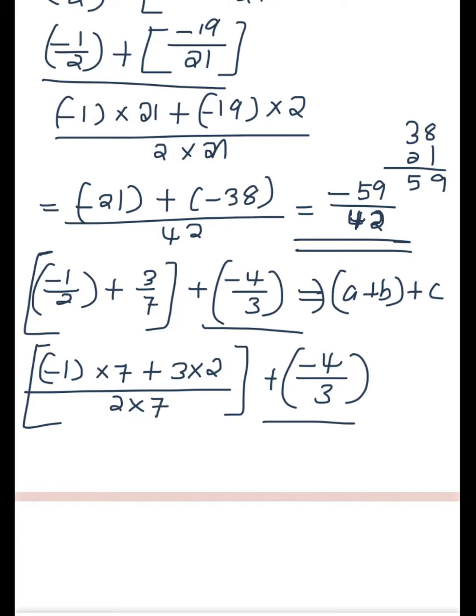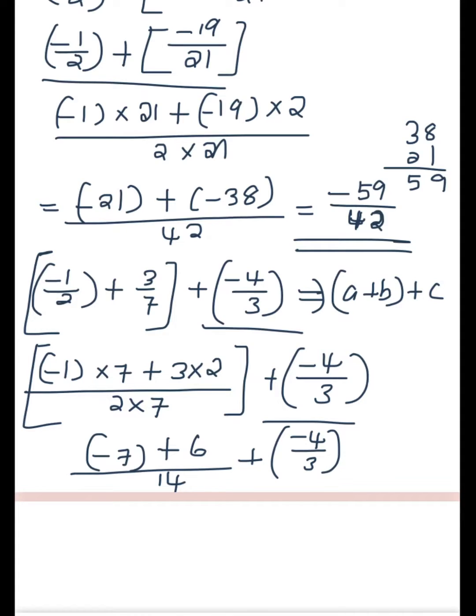Writing as it is. Now what is minus 1 into 7? It's minus 7 plus 3 into 2, which is 6, divided by 2 into 7, which is 14, plus minus 4 by 3. Now minus 7 plus 6 is minus 1.